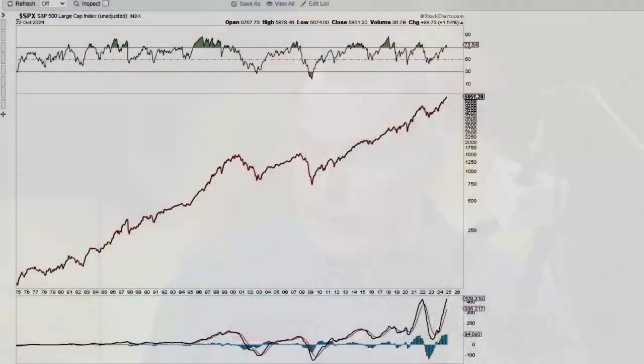For instance, here's a monthly chart of the S&P 500. On the top is a relative strength index, the chart itself, and on the bottom is the MACD. You'll note that there are very few periods going back historically where we are this overbought and this extended on a MACD and did not have a much more significant correction in the markets.